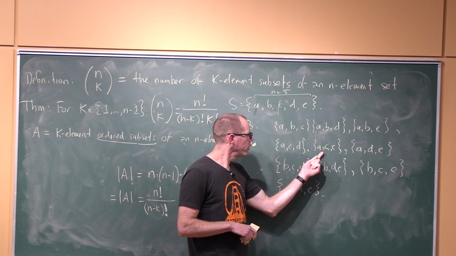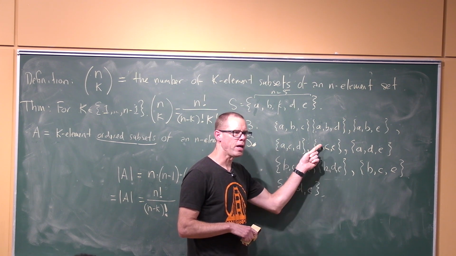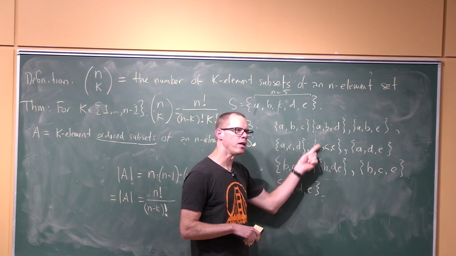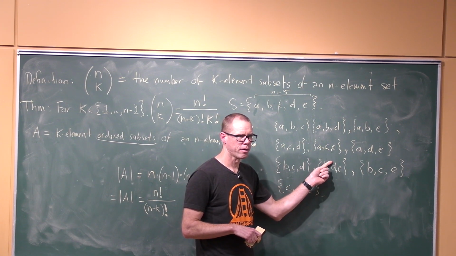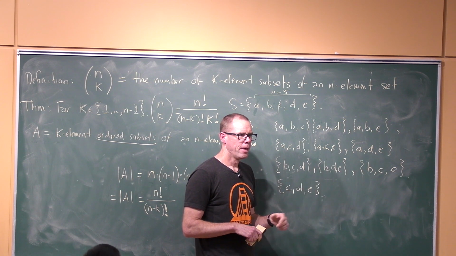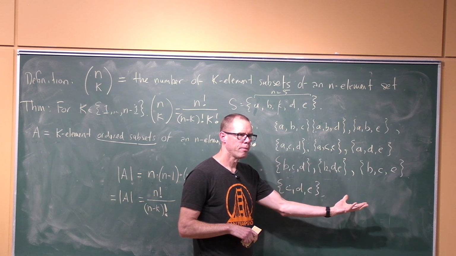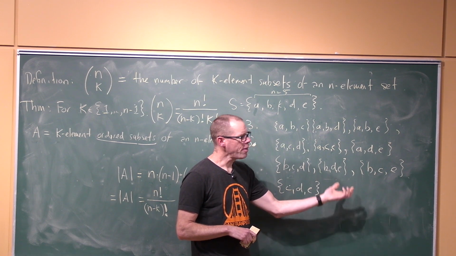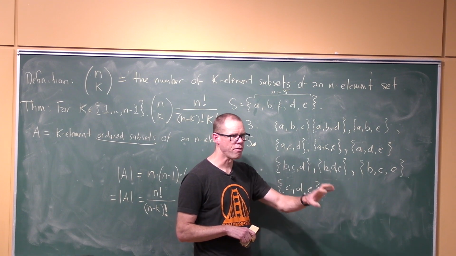And now, for this thing, I write down all the permutations of it: ACE, AEC, CAE, whatever, the 6 permutations of that thing. So first I pick a subset of size k, and then I write down all the permutations of that subset. There's k factorial of them.